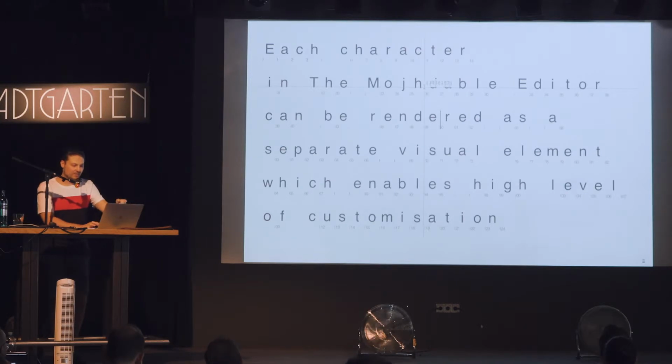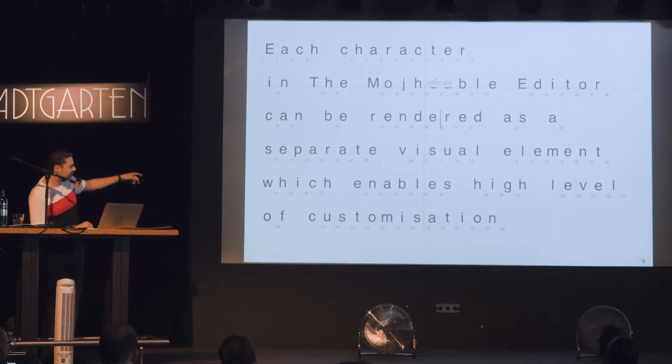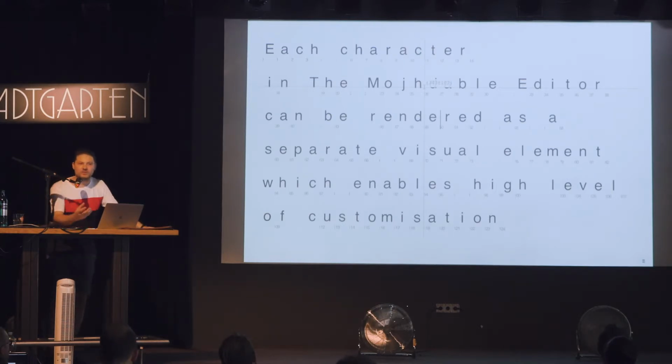Now it's an intersection of two lines, and we get a location of the cursor on the screen. And also on the bottom right corner of each character, we render the index in the text. So in this case, debugging this editor becomes quite trivial. Just look at two numbers, write an assertion, done.